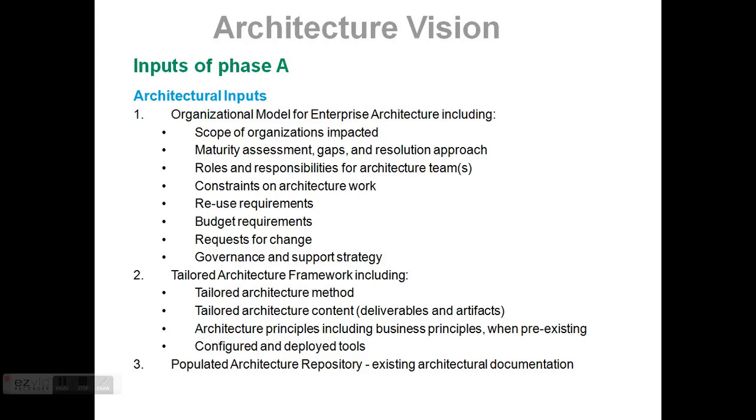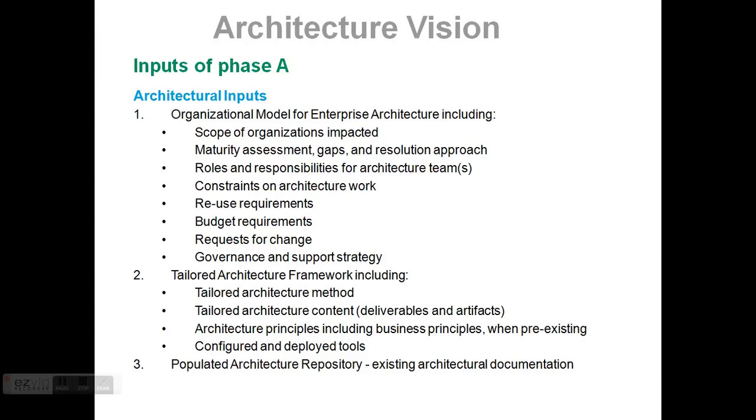We can put them in many different categories, and in every category we could possibly have subcategories; I've listed a few of those architectural inputs. For example, the organizational model for enterprise architecture, including the scope of the organizations impacted. Which organization, which departments, what processes are impacted by the new enterprise architecture.